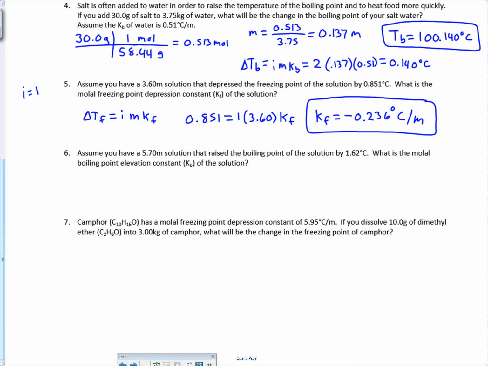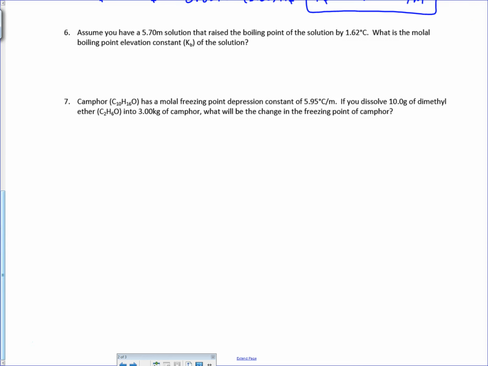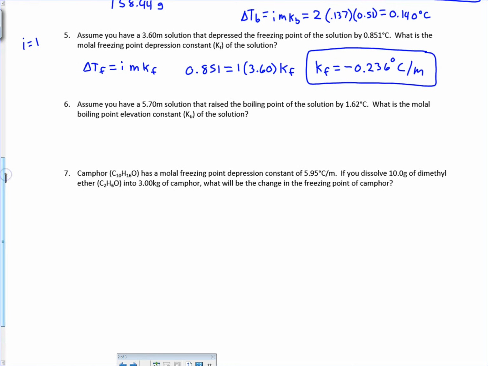Number 6, we're going to assume here again that i equals 1 because it didn't tell you what i was. So it's very similar, except this time we're dealing with the boiling equation instead. So change in boiling temperature equals i times m times Kb.